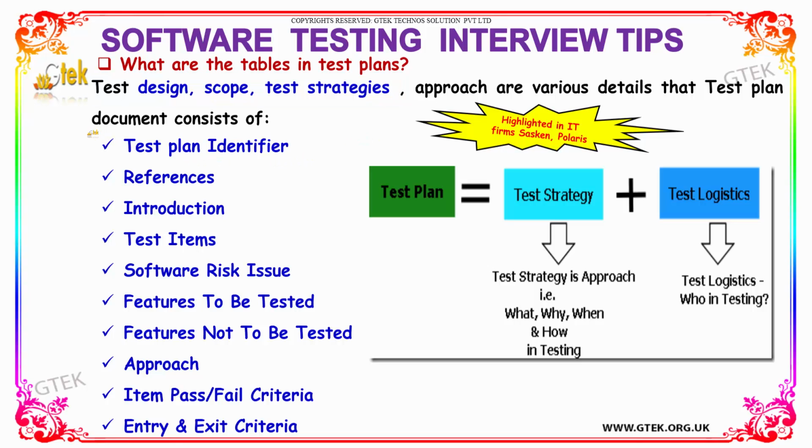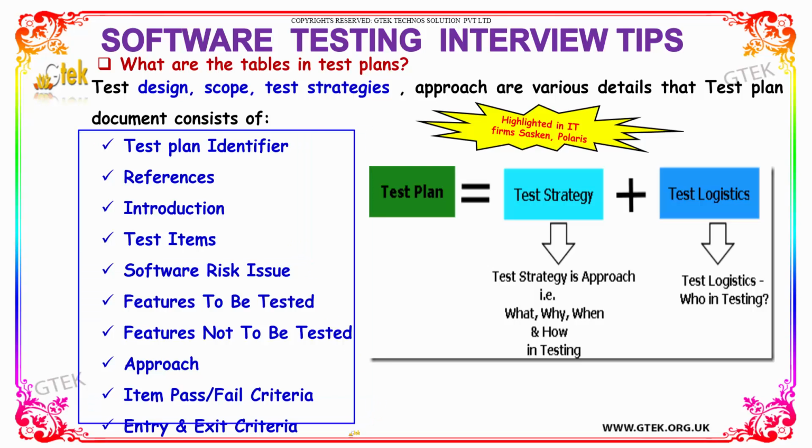The various details that your test plan document consists of include test plan identifier, references, introduction, test items, software risk issues, features to be tested, features not to be tested, approach, item pass or fail criteria, entry and exit criteria.